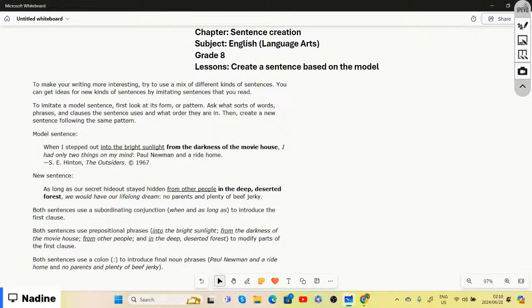And with our model sentence, we need to create a new sentence. And we said that is by basically following the same pattern of the sort of words, the phrases, and the clauses that are being used and the order in which they are written.